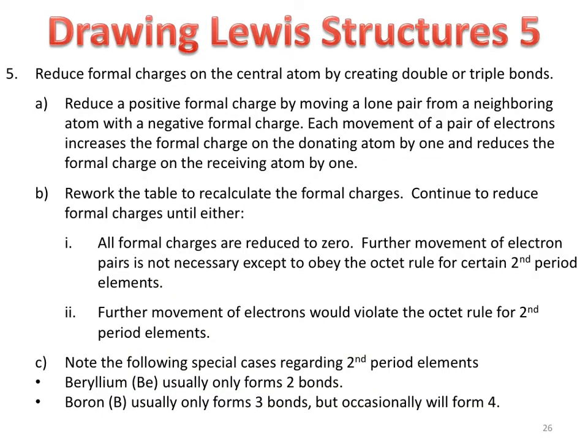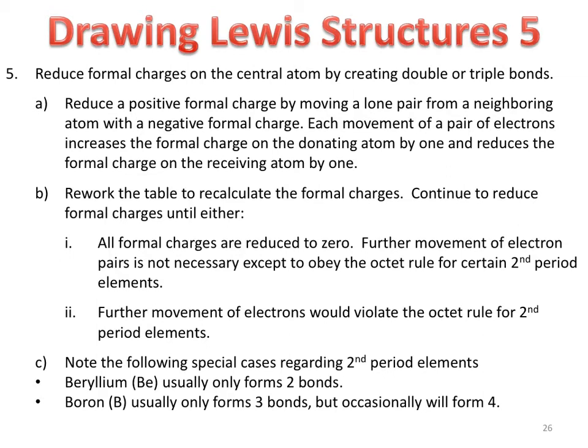In step 5, we will reduce our formal charges, especially on the central atom, by creating doubles and triple bonds. Usually the central atom has a positive formal charge because it is the least electronegative, and negative formal charges tend to be on the outside, though this is not always the case.